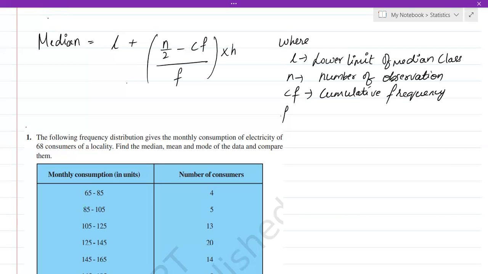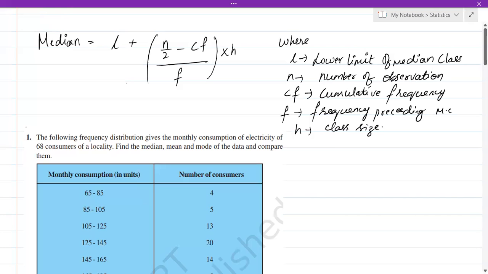And F is frequency preceding CF. Frequency preceding median class. Let me write it as M.C. And H stands for class size.